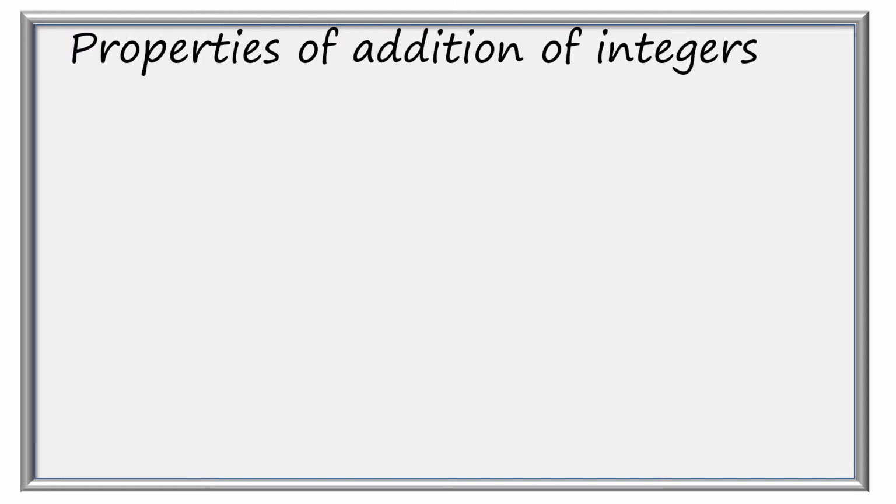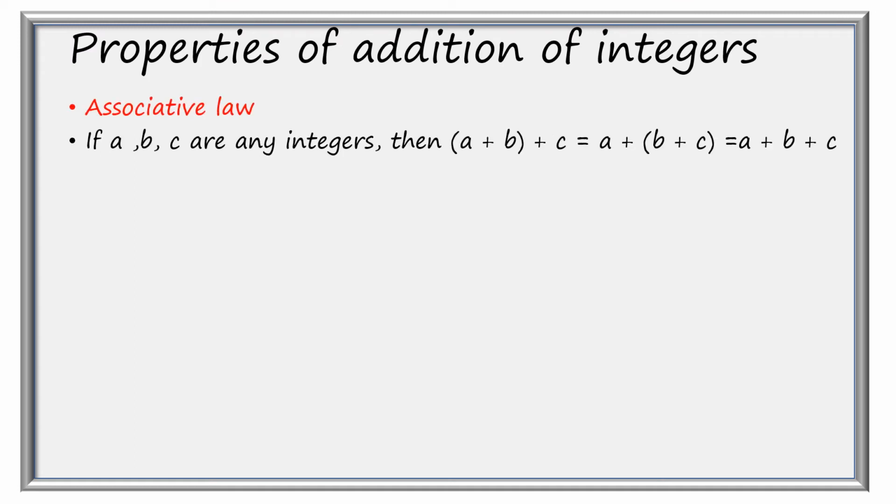Now, the next property is the associative law. What is this associative law? If a, b, c are any integers, then (a plus b) plus c equals a plus (b plus c), which equals a plus b plus c. Just understand this through an example.